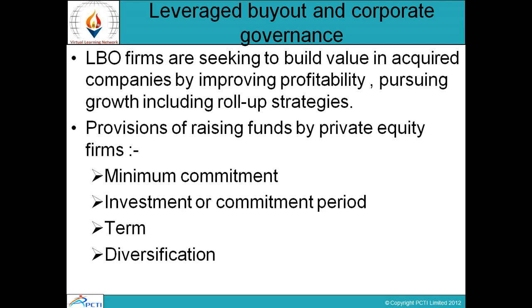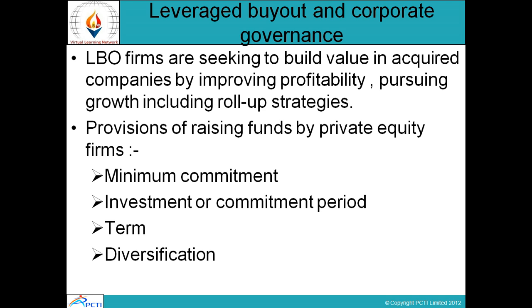The term of the commitment period usually lasts for either 5 or 6 years after closing of the fund, or until 75 to 100% of the fund's capital has been invested, whichever comes first.